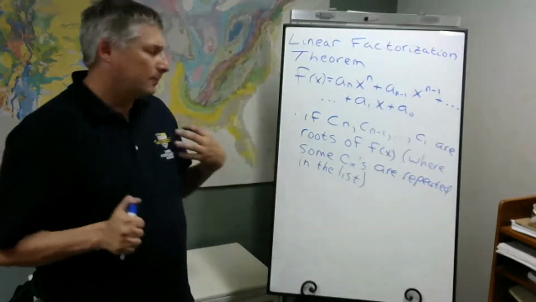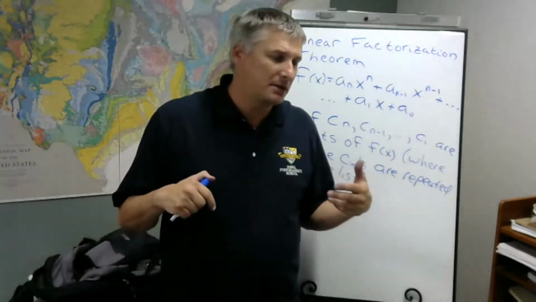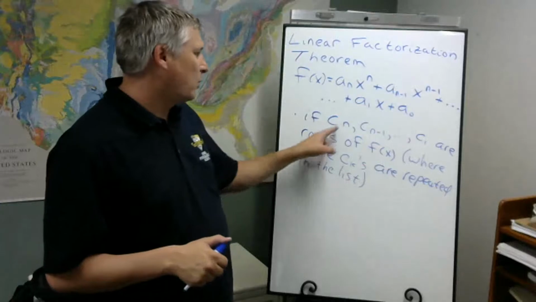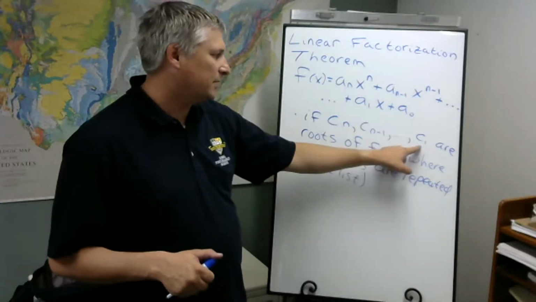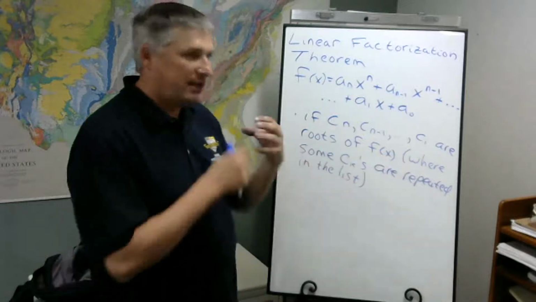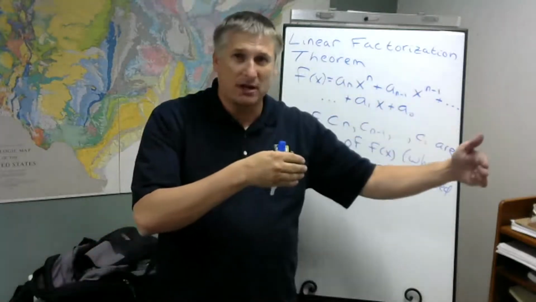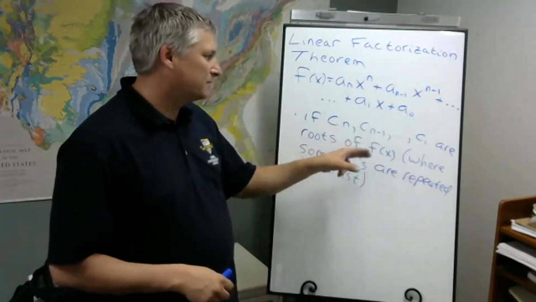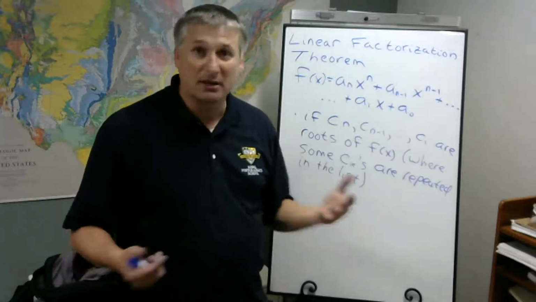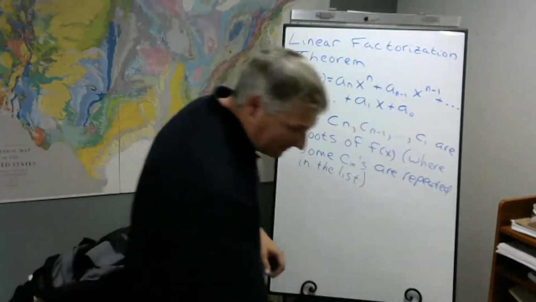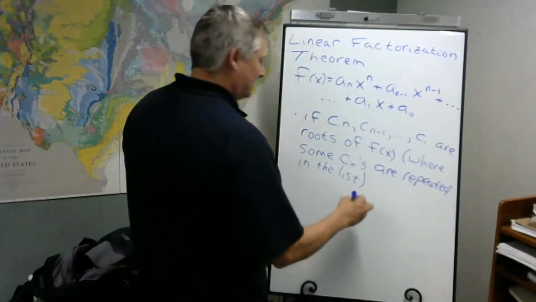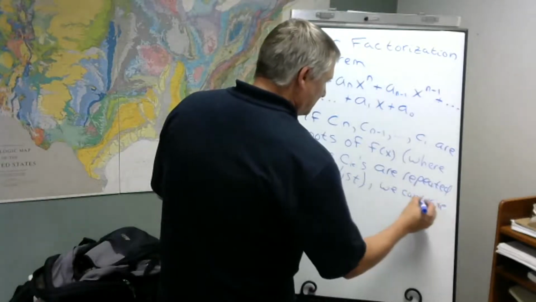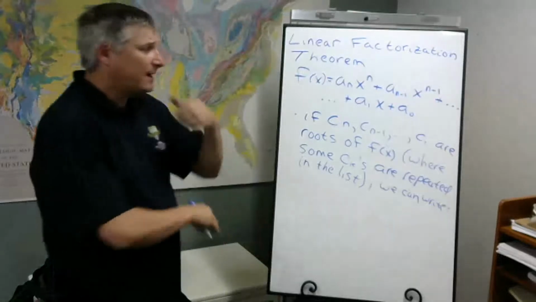So what we mean is, for example, that last example we saw where we had that cubic function that had the 3 ones as roots. So there could be like a 1, a 1, a 1, and then a 2, 7 plus 3i, 7 minus 3i. But we're going to take repeated roots and actually repeat them the number of times they are in fact repeated. We'll repeat them in that list. So you have like 1, 1, 1, comma, 2, 2 plus 3i, 2 minus 3i, something like that. All right. So we're going to rewrite f(x).